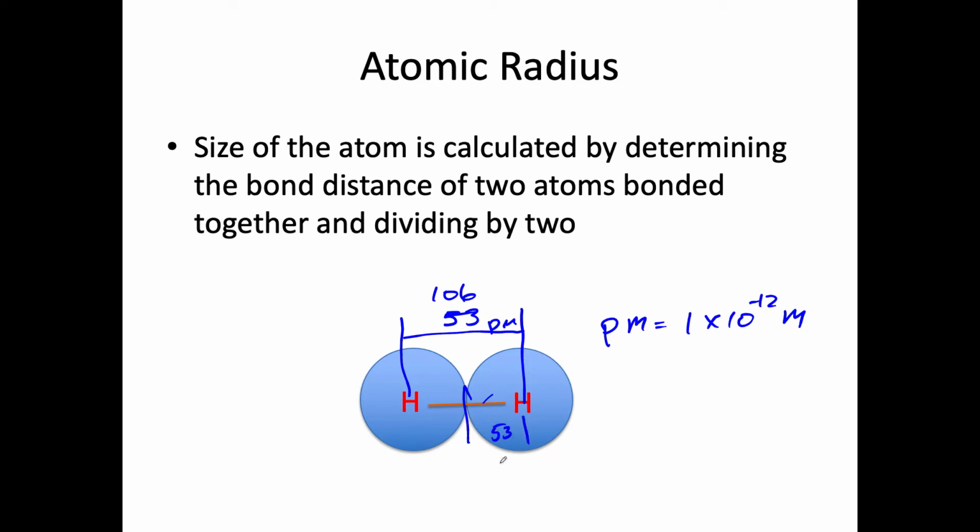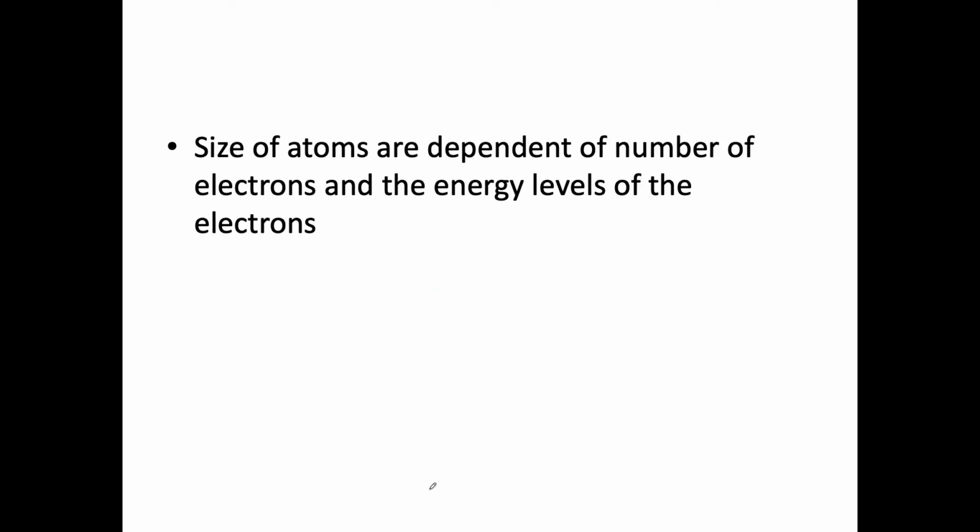Let me rephrase that. So that's what we look at for the atomic radius, and there is definitely a trend with the atomic radius. Now, the size of the atoms, this is important, is dependent upon the number of electrons and the energy levels of those electrons. And there's something really freaky and interesting that goes on with the trends.